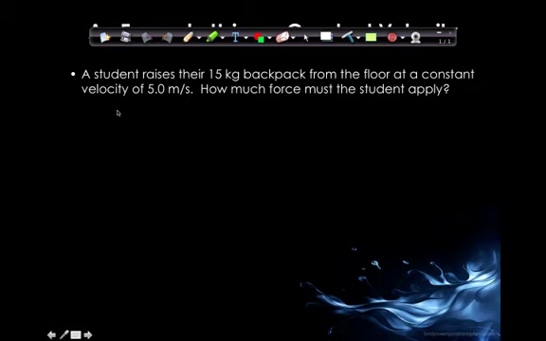So right here, we're looking for force. Okay, and really we want to know how much force the student is going to apply. We're not looking for net force here. We're looking for an applied force because it tells us the student must apply this force. That's what we're really looking for. That's the specific force.